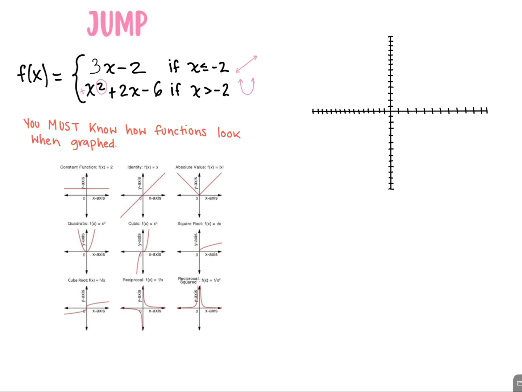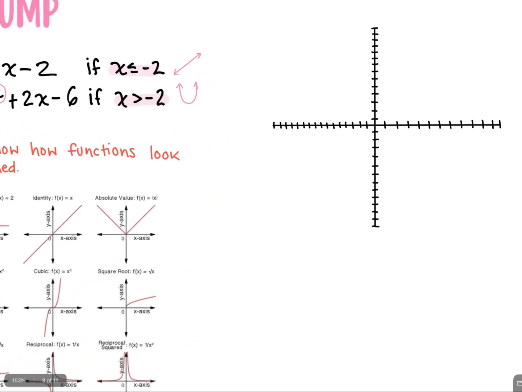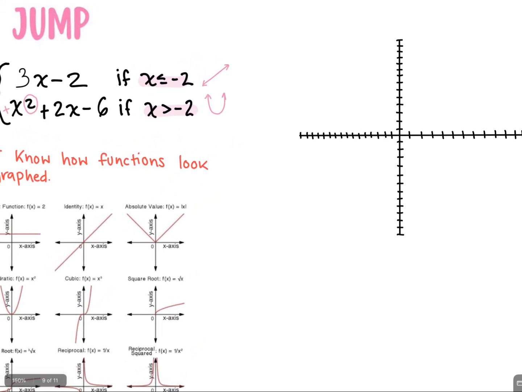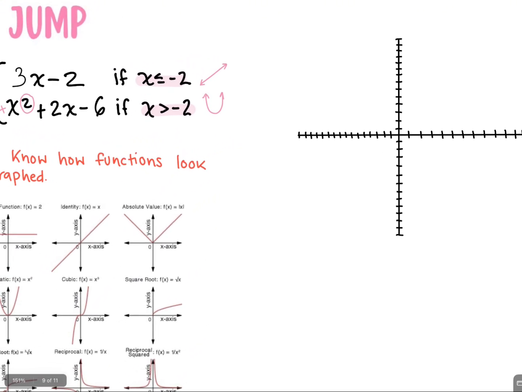Now it's time to graph, keeping in mind my x is less than or equal to negative 2, and my x is greater than negative 2. So, I'm going to zoom in a little bit. First, we have 3x minus 2. I know that my y-intercept is going to be at negative 2, but I can't necessarily graph it.